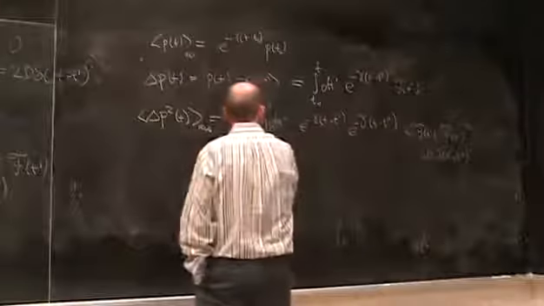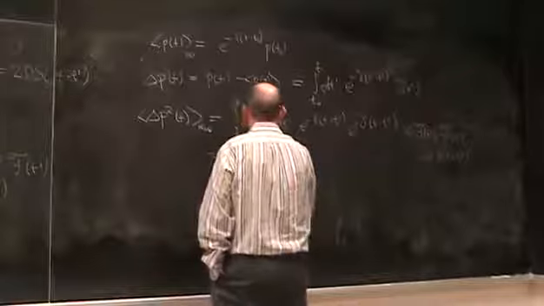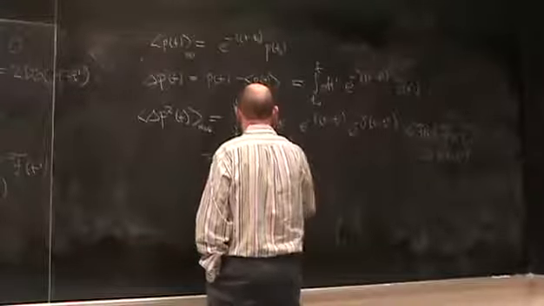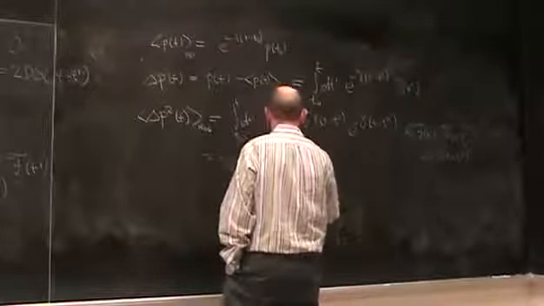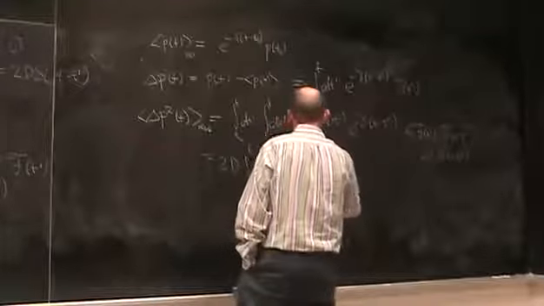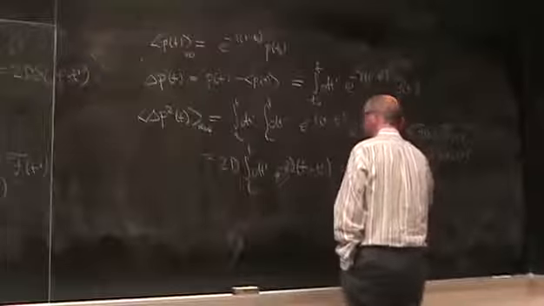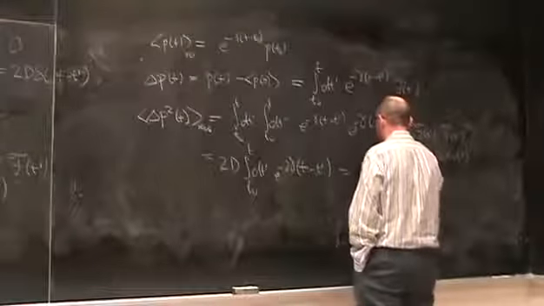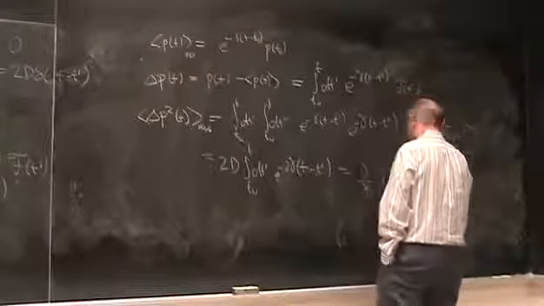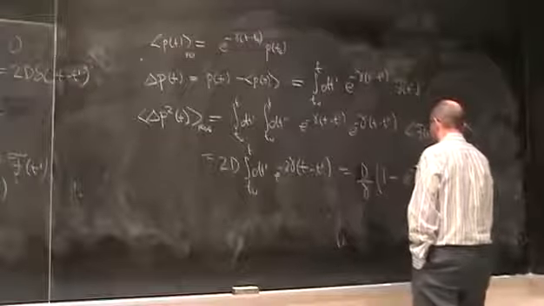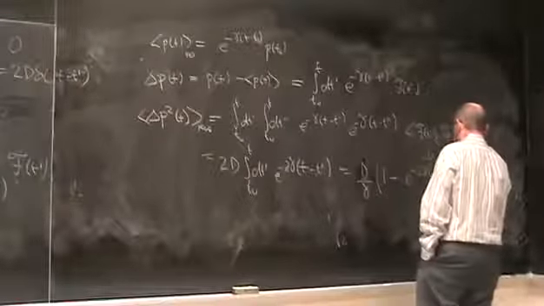And so we get 2D, the integral from 0 to t dt prime, e to the minus 2 gamma (t minus t prime), or D over gamma, (1 minus e to the minus 2 gamma (t minus t naught)).